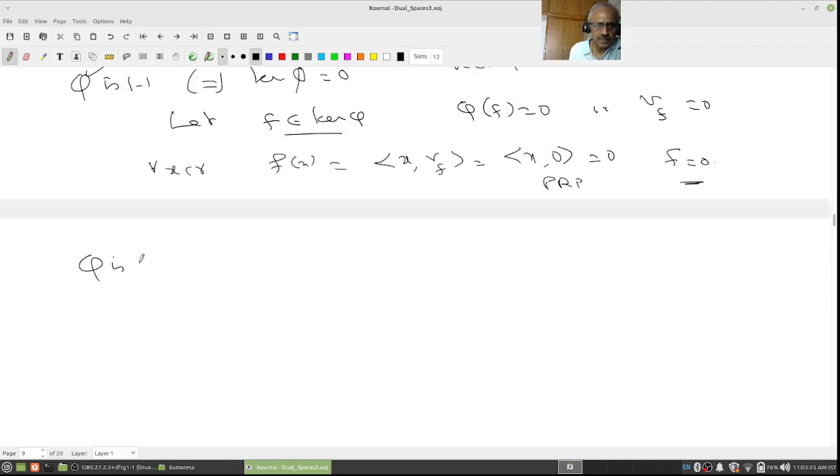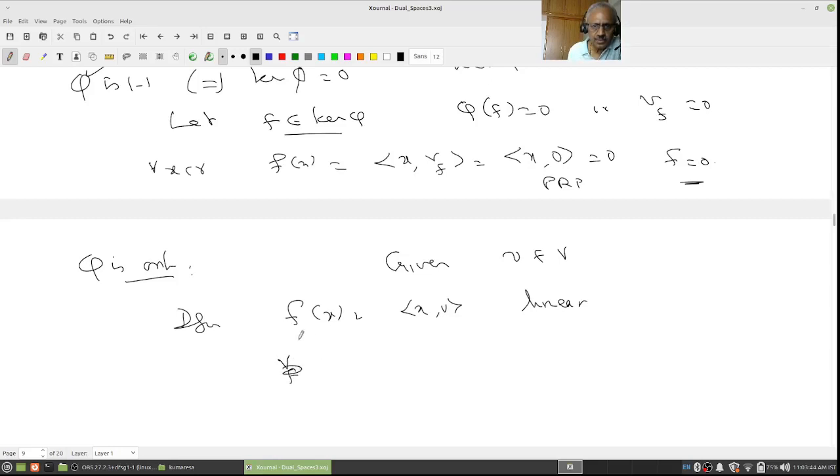And phi is onto for the same reason. Given any v in V, define f of x to be the inner product of x with v. This is linear. And what is v_f?